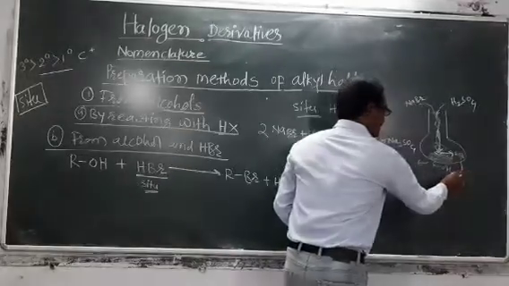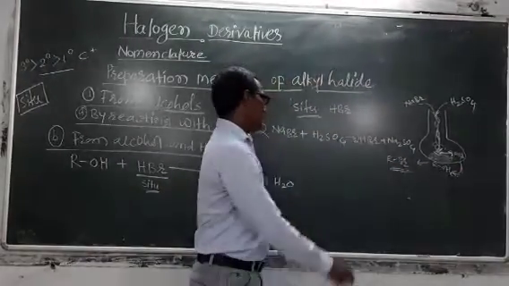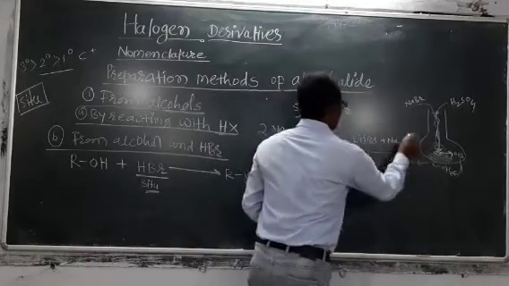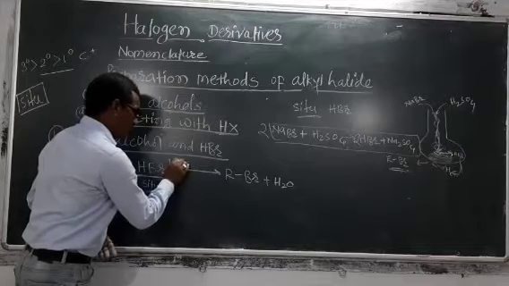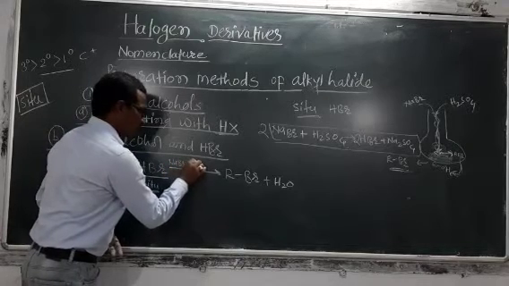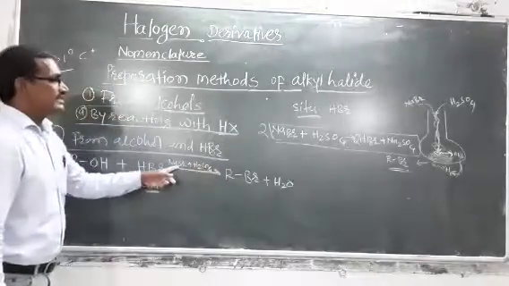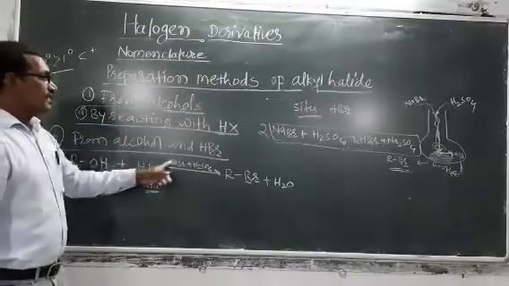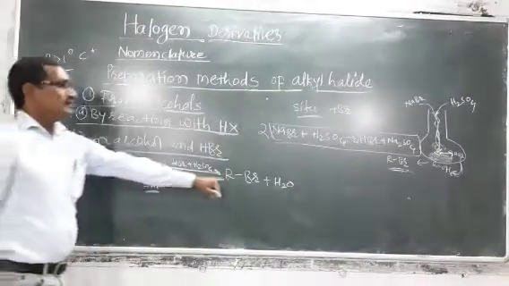This HBr reacts with alcohol and gives RBr, meaning alkyl bromide, and the reaction is like this. On the arrow we have to write NaBr plus H2SO4. When sulfuric acid is reacted with NaBr, it gives HBr in the reaction, that is in situ, and we get this product.